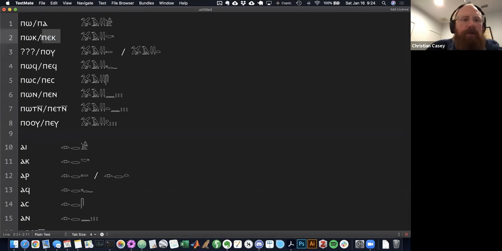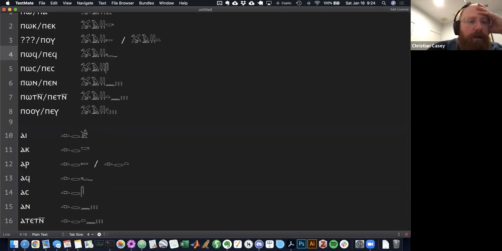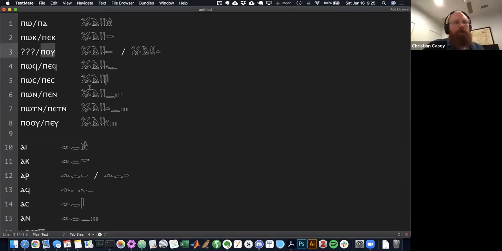So it's an unstressed vowel in a closed syllable. There's a lot going on there, but you can expect to find an epsilon there most of the time. And let's see, anything else strange about that? So then in the case of poo, we still have kind of a weird situation.